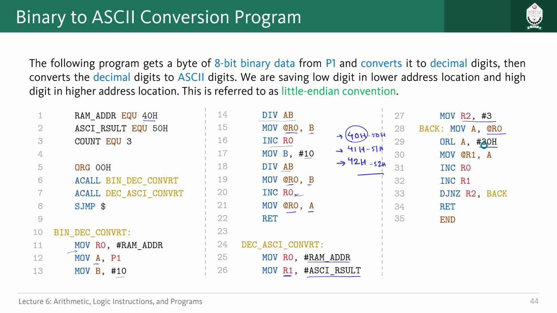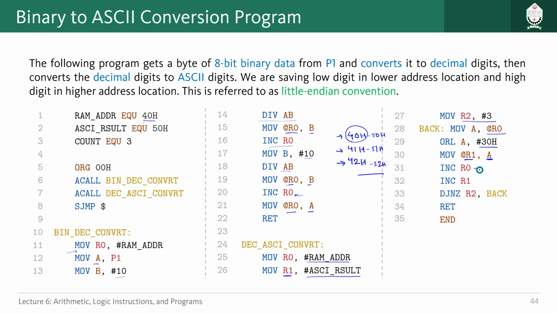That will convert it to its ASCII equivalent. Then we will move that ASCII value onto the RAM address pointed to by R1, which is 50H basically, right? We have given 50H, so in the 50H location that value will be saved.